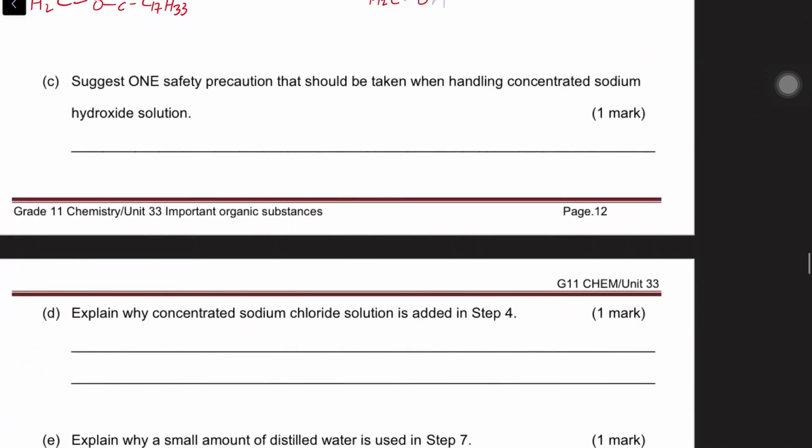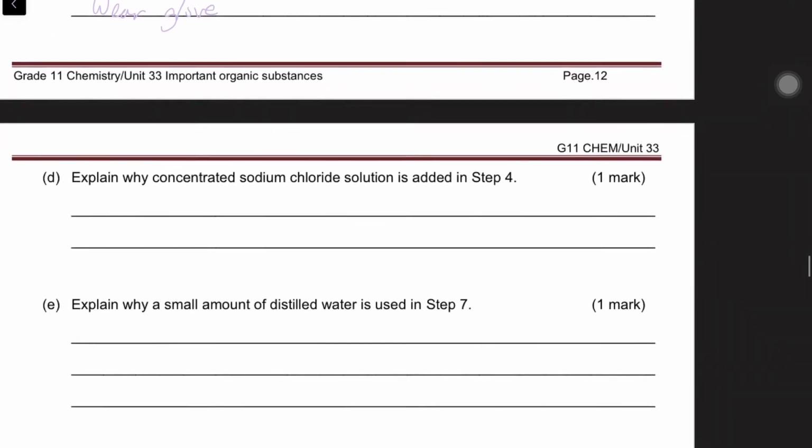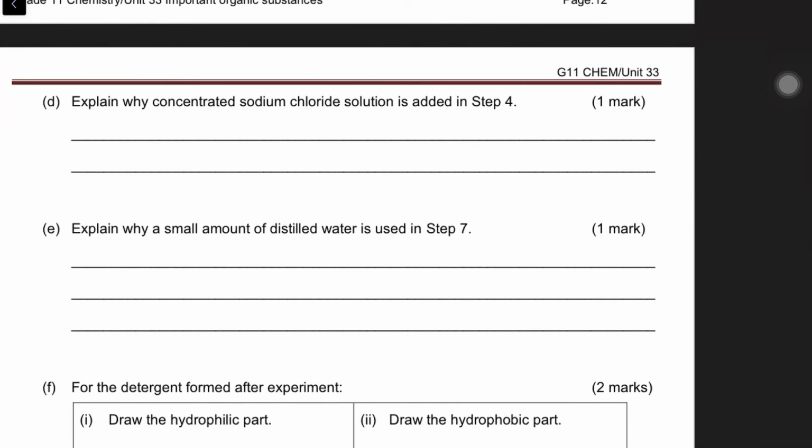Part C suggests one safety precaution when handling concentrated sodium hydroxide solution, which is strongly alkaline, so this is corrosive. We should wear gloves when handling it. Part D. In step 4, we add concentrated sodium chloride solution.